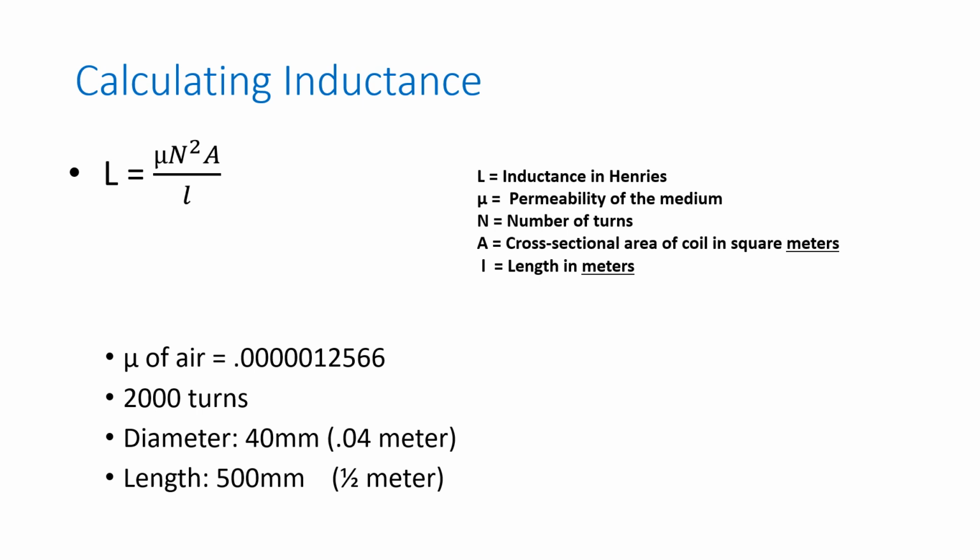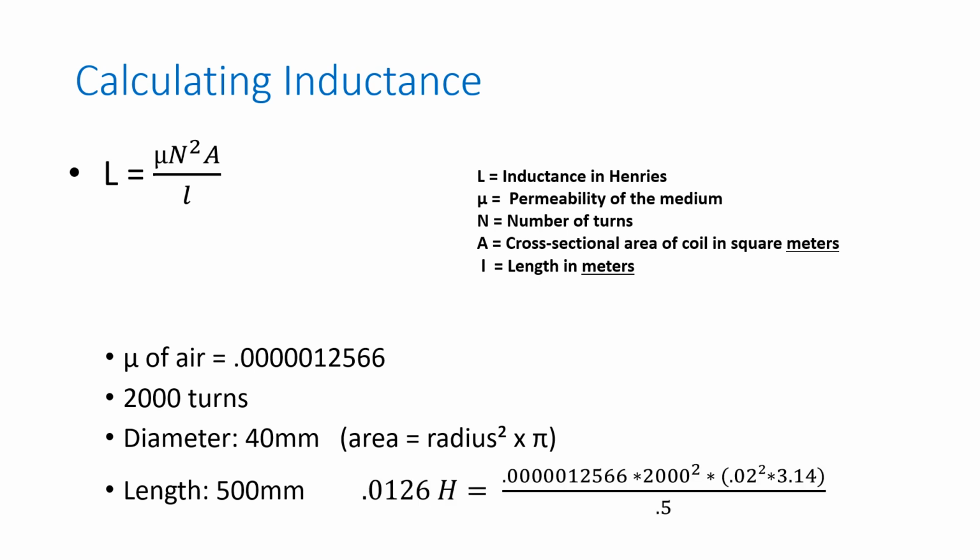The next problem is we need the cross-sectional area of the coil in square meters, but we don't have that, do we? Well, we can calculate it, because the cross-sectional area is the radius squared times pi. So we plug all of this into the formula.